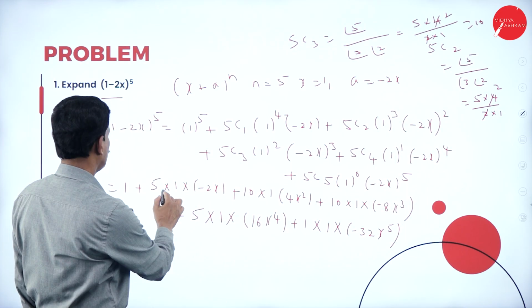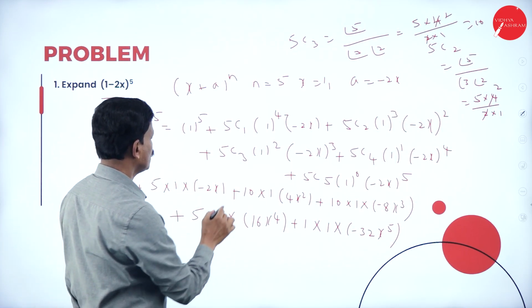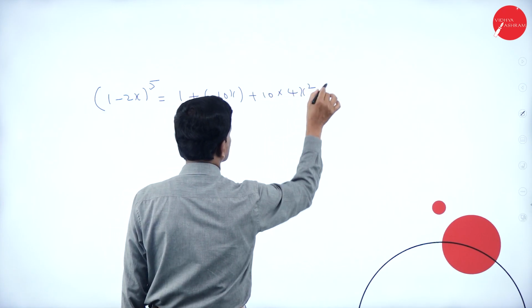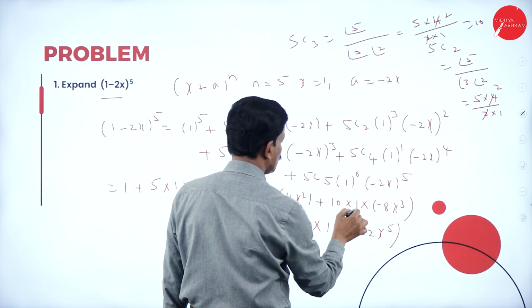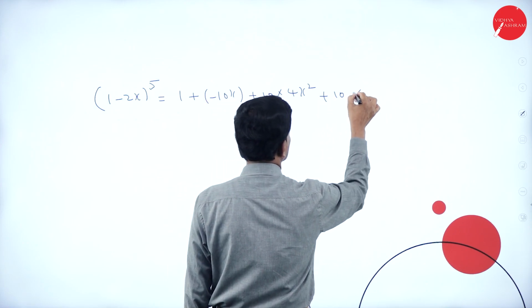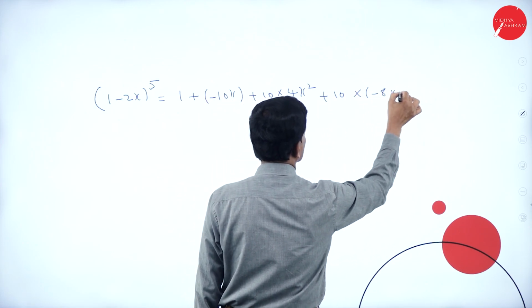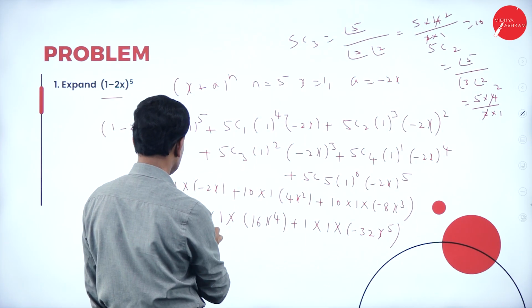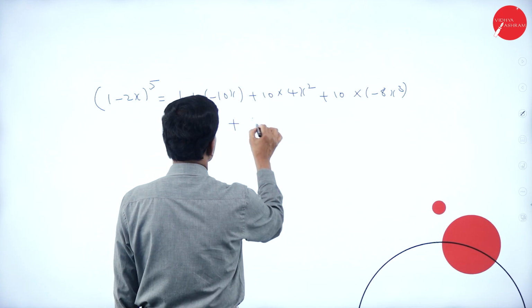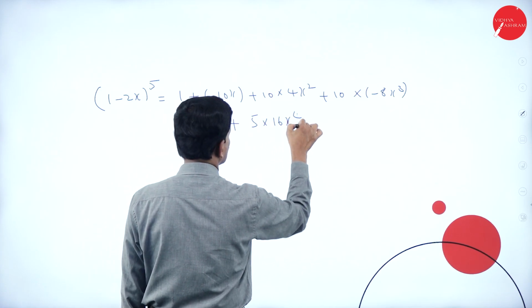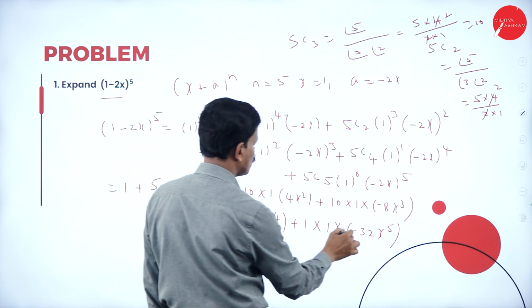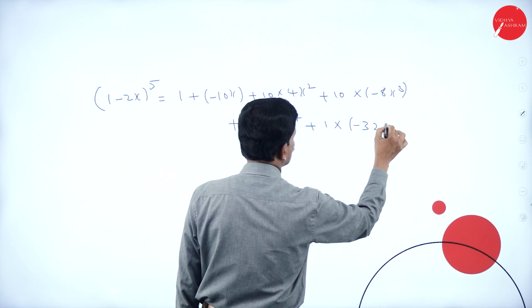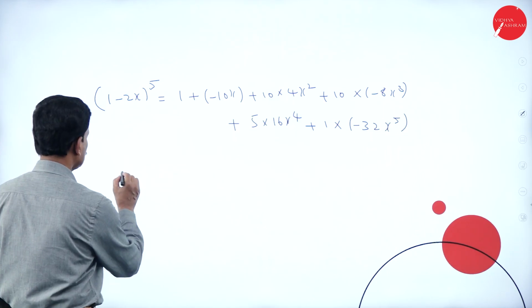Again 10 into 1 is 10, 10 into 4x square. Again 10 into 1 is 10, plus 10 into minus 8x cube, plus 5 into 16x to the power of 4, plus 1 into 1 into minus 32x raised to 5.